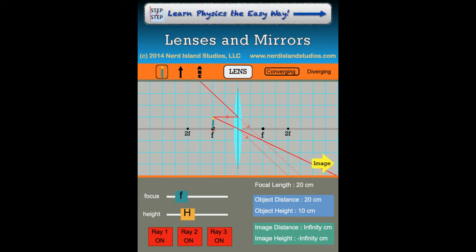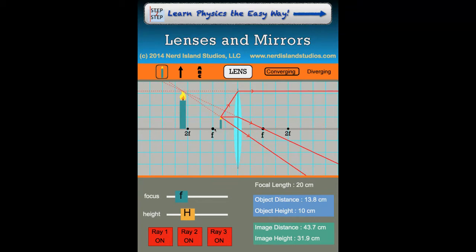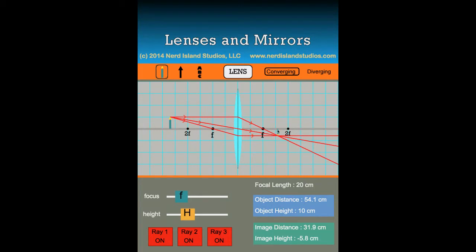And now watch what happens when I move it inside of f. Now, if I'm inside of f, that's when you get this magnified virtual upright image. So what the image looks like depends on where the object is. If it's beyond 2f, it's small and inverted.